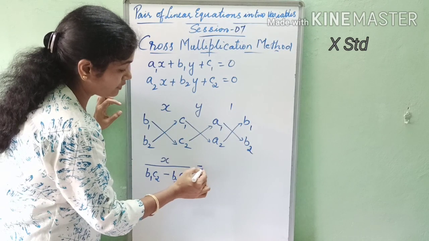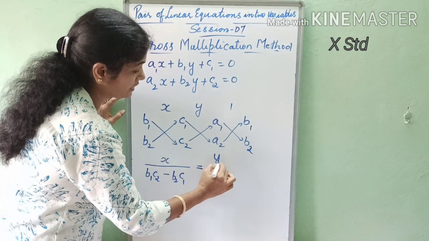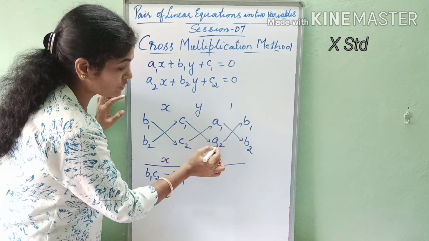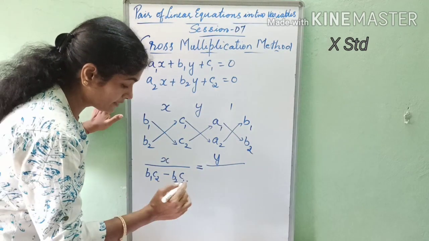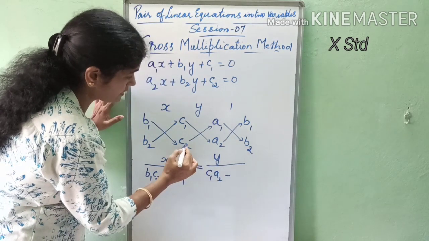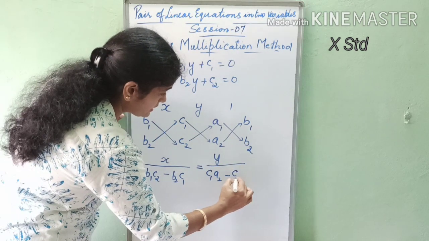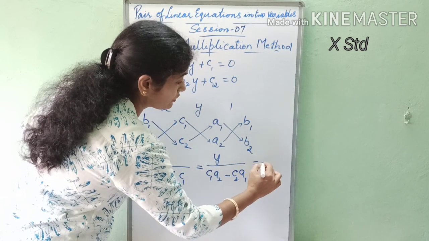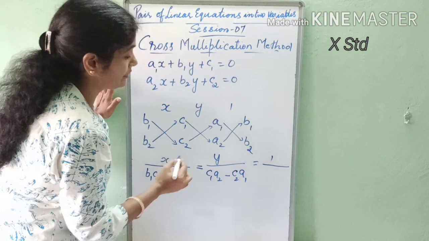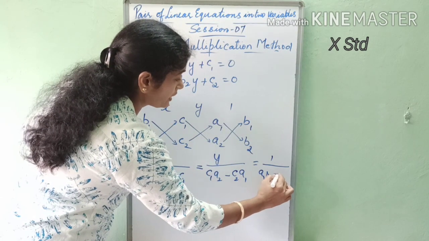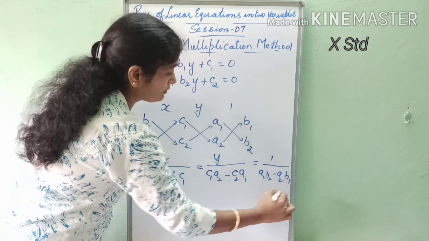This is equal to y divided by this multiplication, c1 into a2 minus again the up arrow, c2 into a1. Fine. This is equal to 1 divided by a1 into b2 minus a2 into b1.